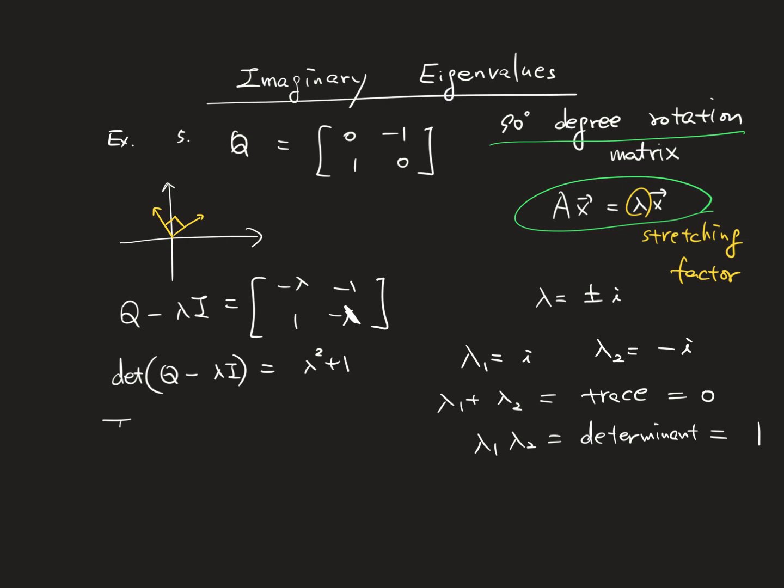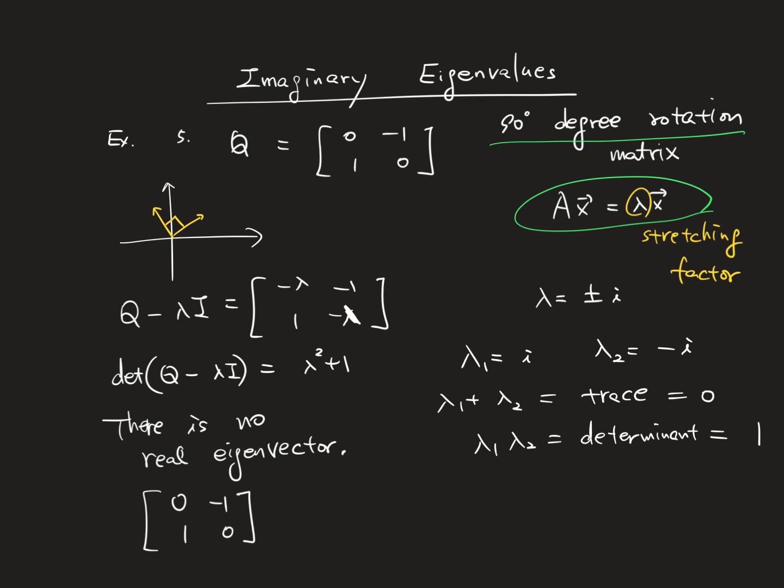But there is no real eigenvector. Because the definition is that the eigenvector should be stretched or squeezed, but at this time the vector will always be rotated 90 degrees, so you cannot find any real vector. But you can find an eigenvector if we allow a complex vector.